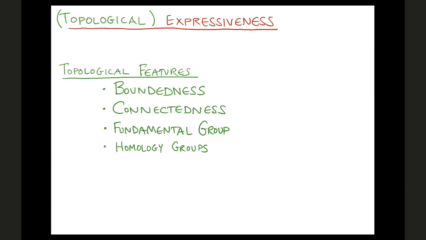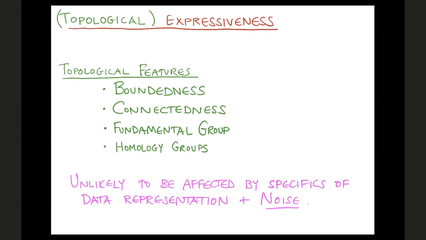And why might those features be important? Well, again, I mean, this is all sort of motivational, but you guys have probably already drunk the Kool-Aid. These are the features that are sort of unlikely to be affected by the specifics of how you're representing the data, or perhaps by noise.